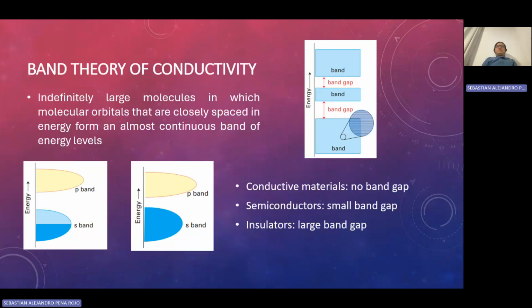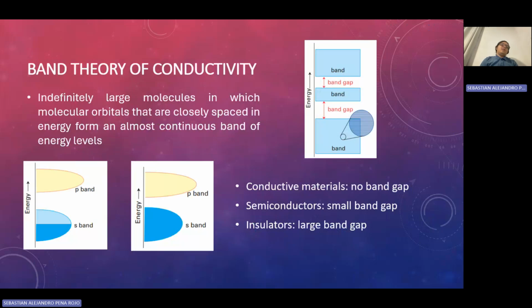With this model, we can describe conductors, semiconductors, and insulators in terms of the bandgap, which is the energy between the highest energy band containing electrons, the valence band, and the highest unoccupied band, the conduction band. In a metal, there is no bandgap, which allows for the free flow of electrons, while in semiconductors and insulators, there is a bandgap, so there isn't that free flow.